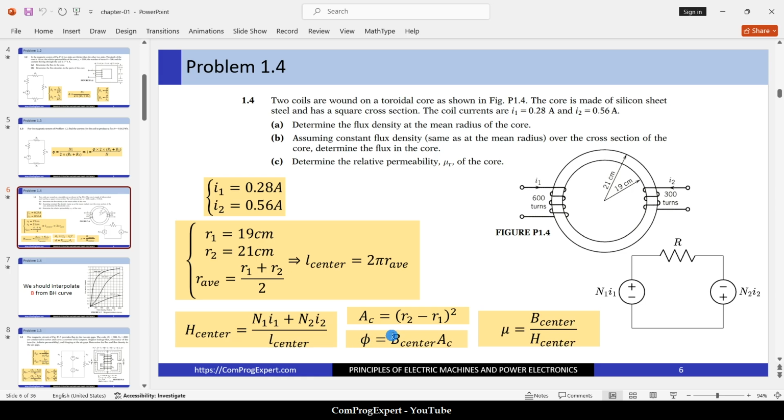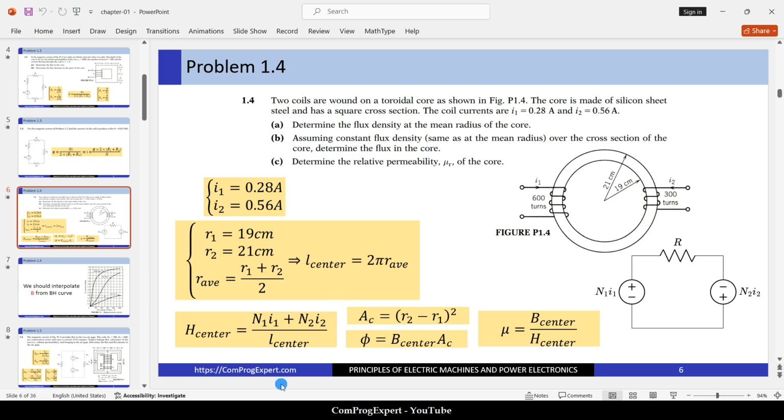So this is phi, that is B times A. We consider B constant. So we calculate the integral of B dot dA using this equation. Also here you can see the equivalent circuit of this model. The direction of these magnetomotive force sources is also important, right? We have summation.